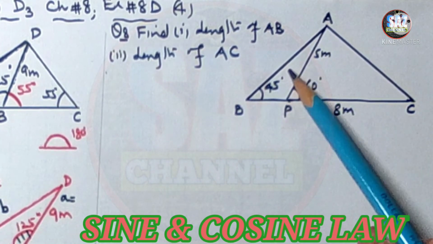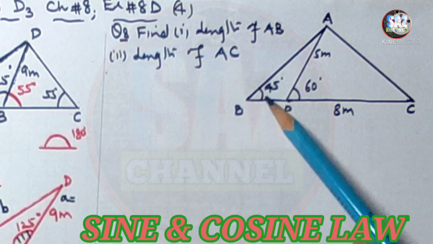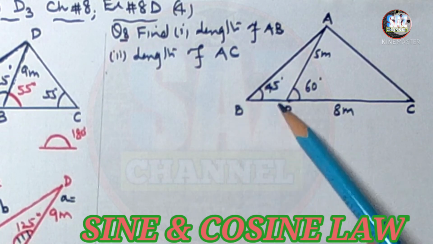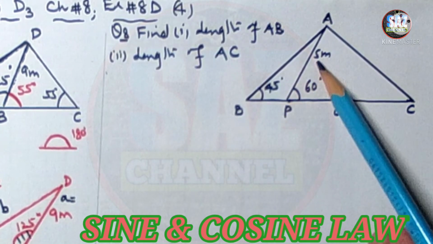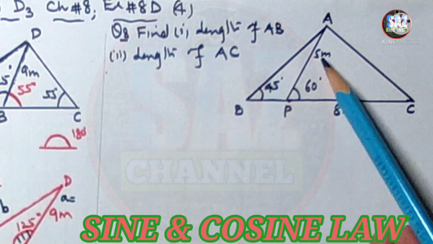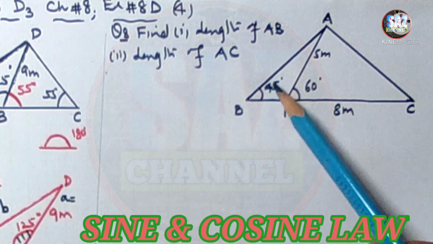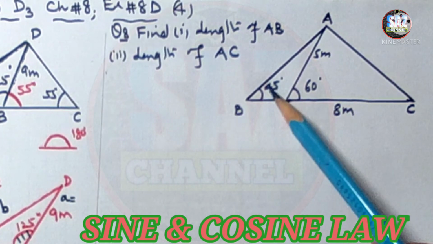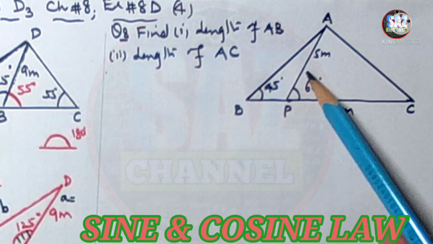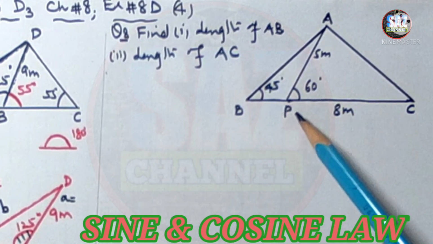If we focus our attention on the question, we can see that AB can be calculated with the help of triangle BPA or APB. But if we look at this portion of the diagram, we are given just one side and one angle. If we want to apply sine law, then we should have at least two lengths and one angle, or two angles and one side.